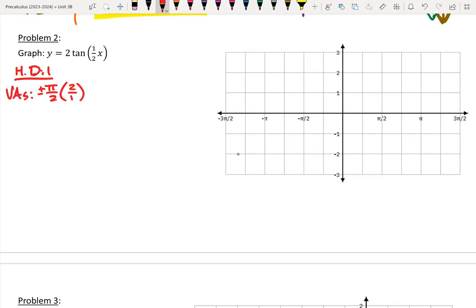All right, so what are our new vertical asymptotes, Sophia? Plus or negative what? Pi. Okay. I didn't hear the pi. All right, let's go ahead and draw those in. So there's nothing to factor out on this one, right? Because there's no bx plus c, so we can just go straight forward.